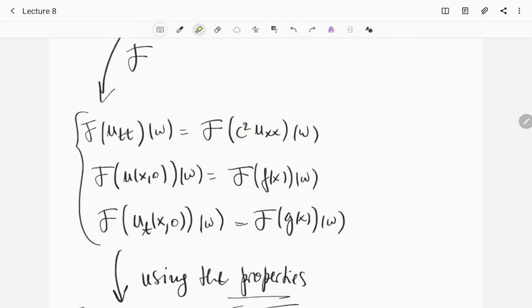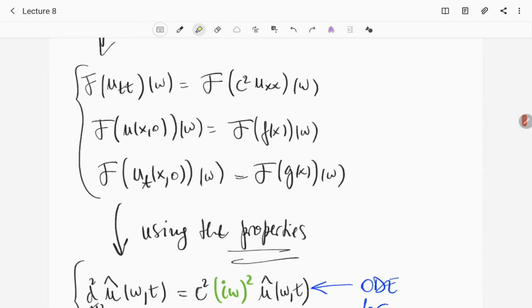So that's one property. And then we also saw a couple of minutes ago how the Fourier transform is affected by derivatives. Since I'm Fourier transforming with respect to x, the second derivative with respect to t just goes out of the Fourier transform. But be careful, because with respect to x, we will have a factor i omega to the corresponding power, here it would be 2, because we have the second order derivative with respect to x, and then the Fourier transform of u.